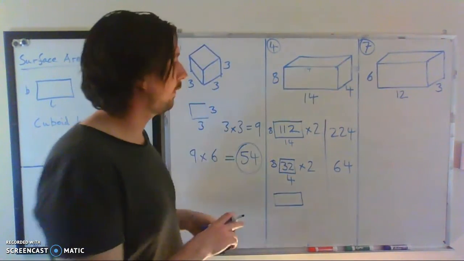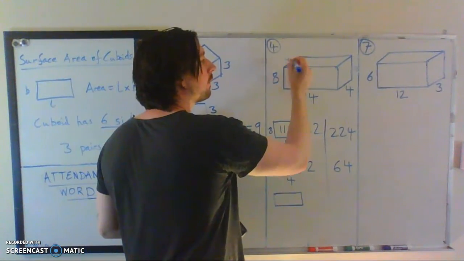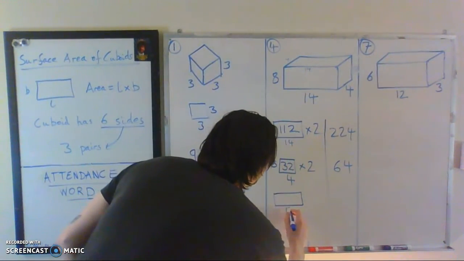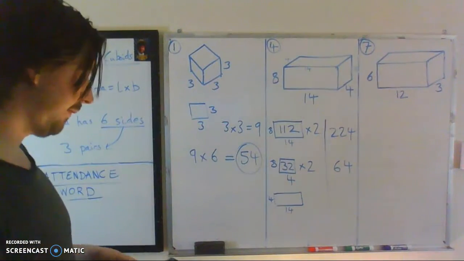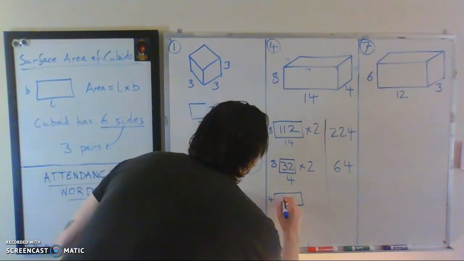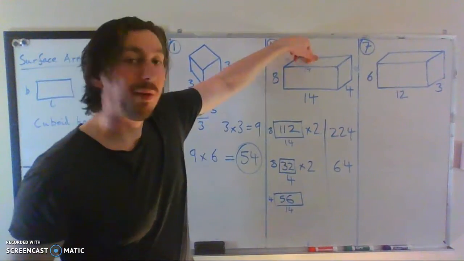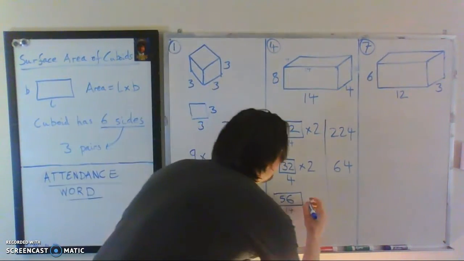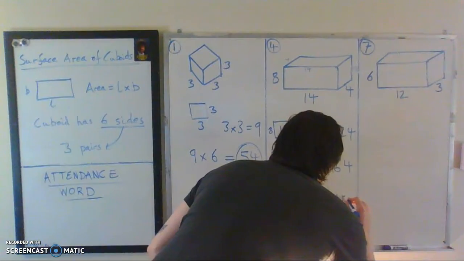It's going to be 4. All of these lines are 4. So 14 and 4, I don't know that off the top of my head. 14 times 4 is 56. And then there's a top and a bottom. So I do 56 times 2, and I get 112.